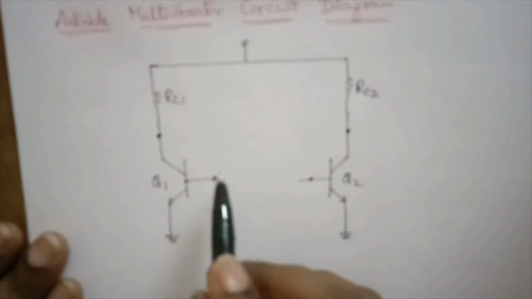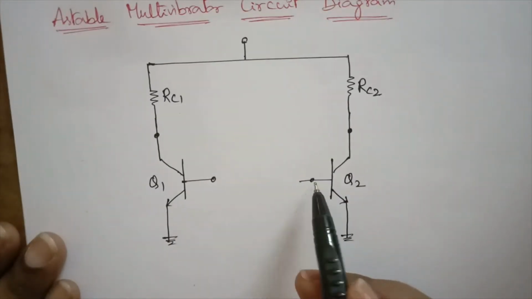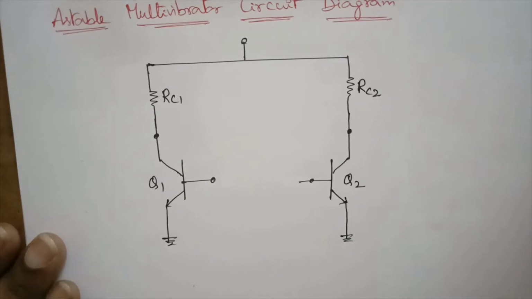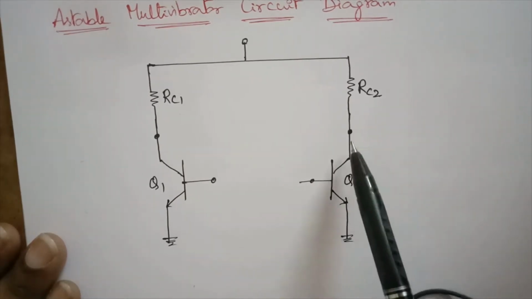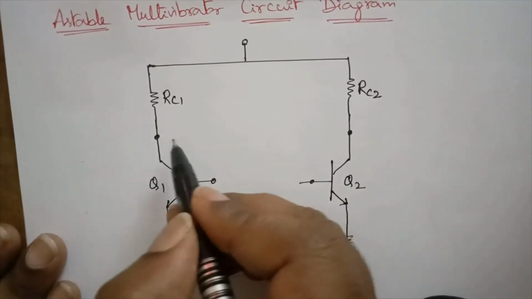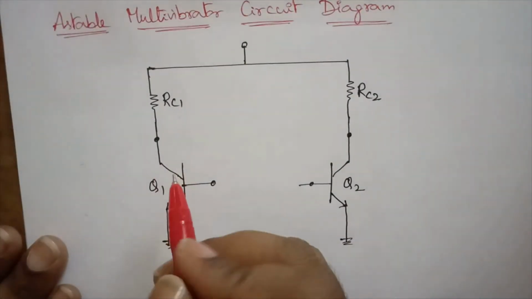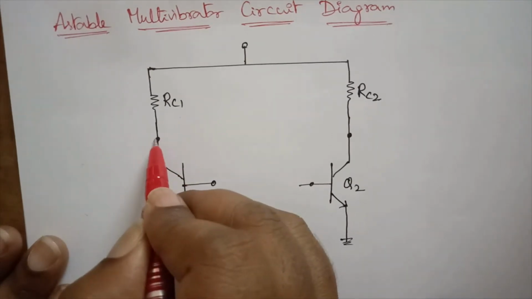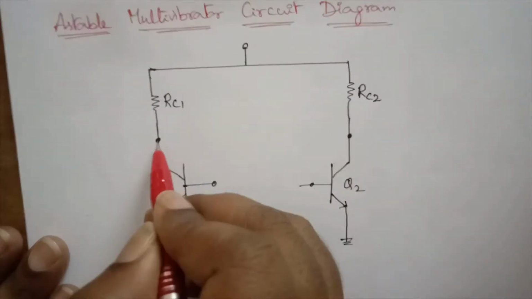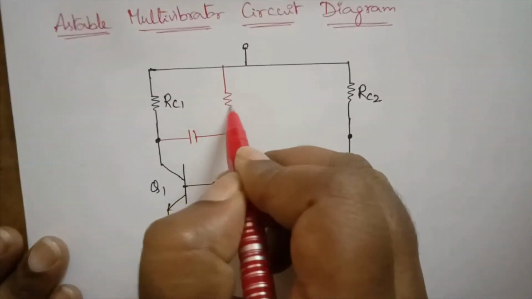That means the output of one transistor is connected to the input of the second transistor, and the output of Q2 is connected to the input of the transistor Q1. For connecting like that, the output of Q1 is connected to the input of Q2 through an RC network.